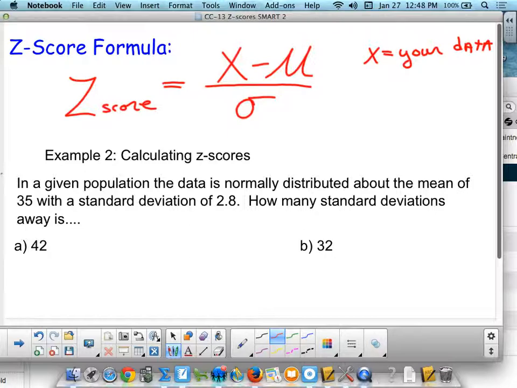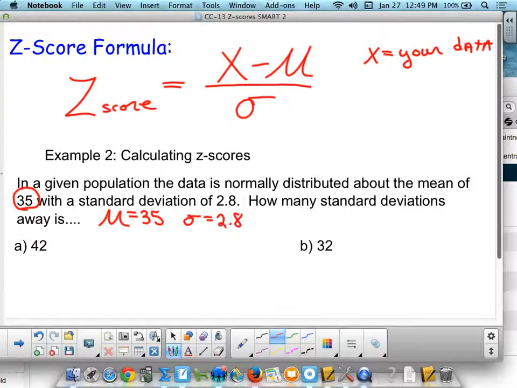Let's do these two. Calculating a z-score. In a given population, the data is normally distributed over the mean of 35. So if the mean is 35, that means mu is 35. And the standard deviation is 2.8.